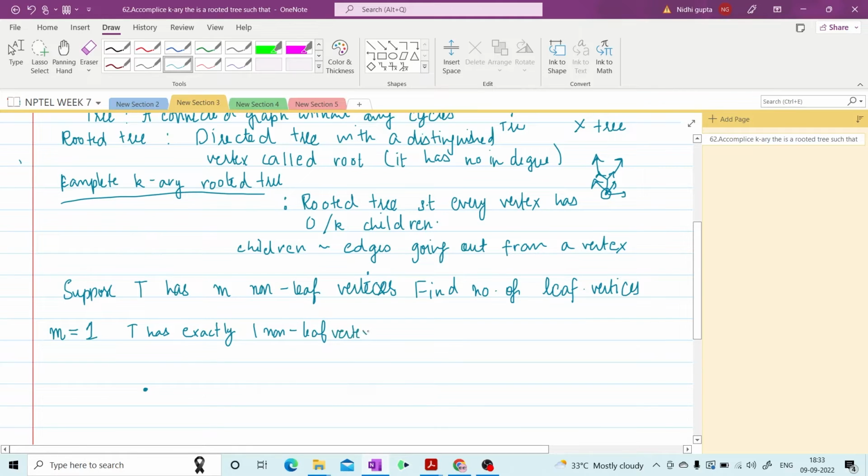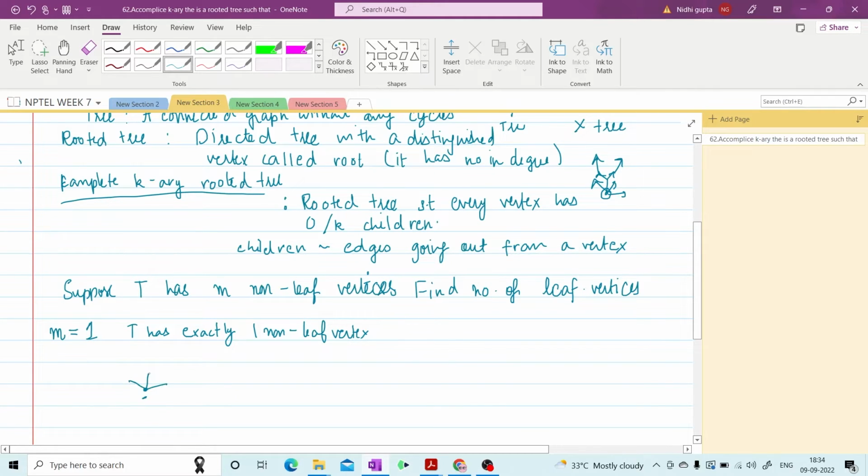Since T is a 3-array rooted tree, the out degree of each vertex is either 3 or 0. But since T has exactly one non-leaf vertex, the out degree of this vertex cannot be 0, because then this graph will have just one leaf, and we want exactly one non-leaf vertex. So what is the next possibility? It will have out degree 3.